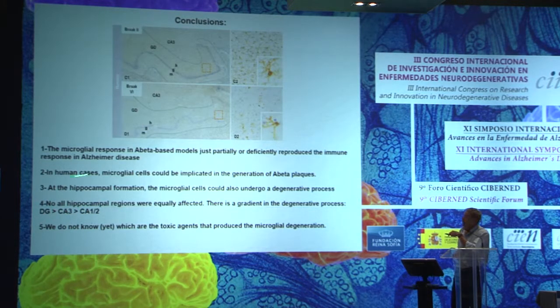We did observe in human cases that microglial cells could be implicated in the beta plaque formation, and also that in the hippocampal formation, and in other areas, the microglial cells could undergo a degenerative process. The reasons for this degenerative process, or the toxic agent that produces these microglial degenerations, we are already working to see which are the toxic agents that produce these microglial degenerations.